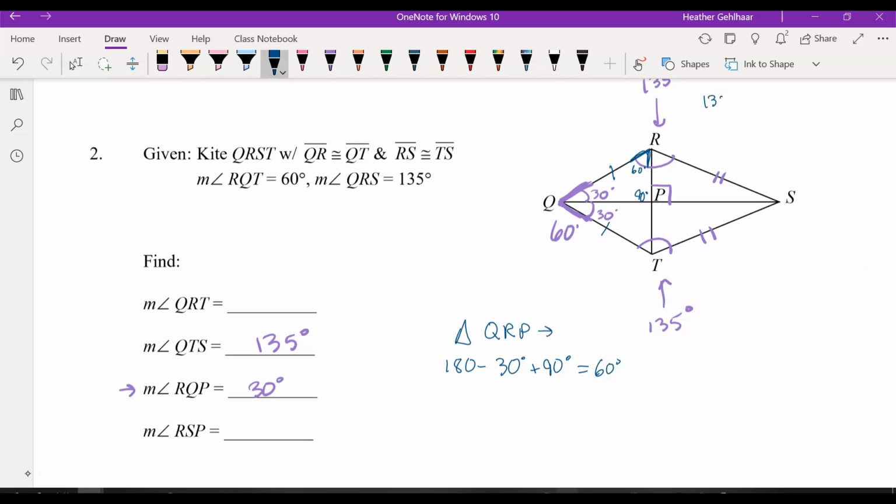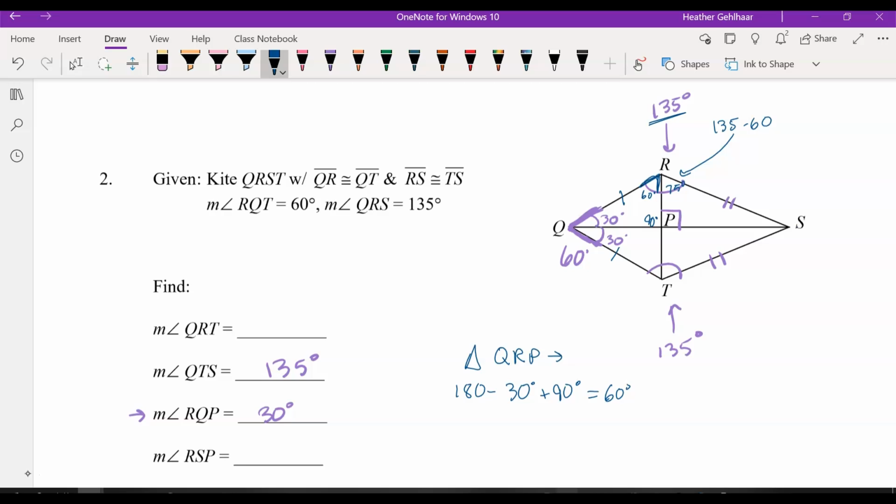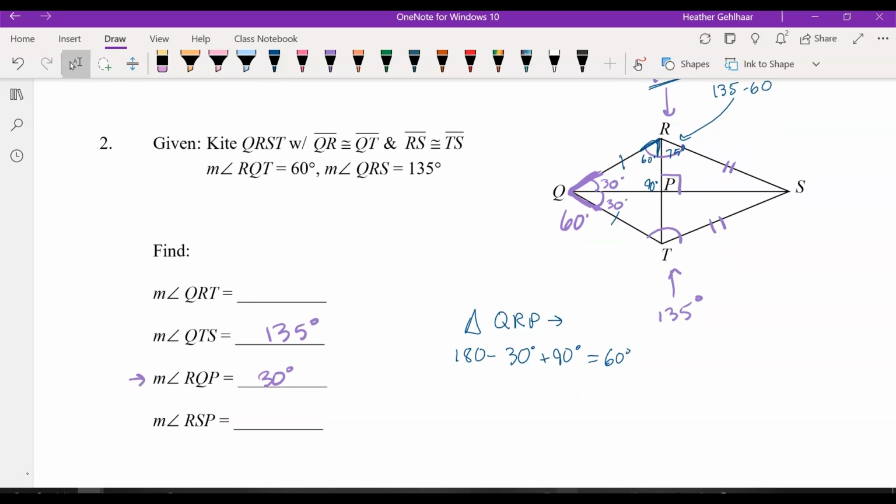Then if we do 135 minus 60, we get the leftover, so this angle here would be 75, because 60 plus 75 gives us 135 degrees. Now, QRT. Oh, perfect, that's 60. We just did that. RSP.